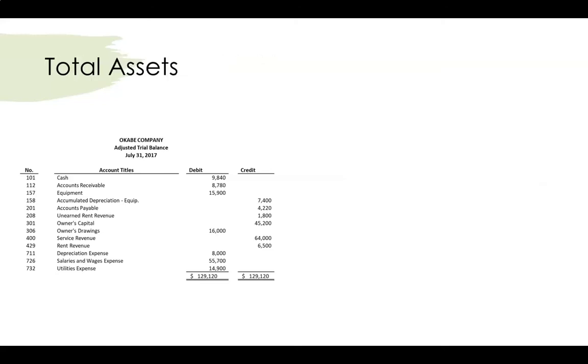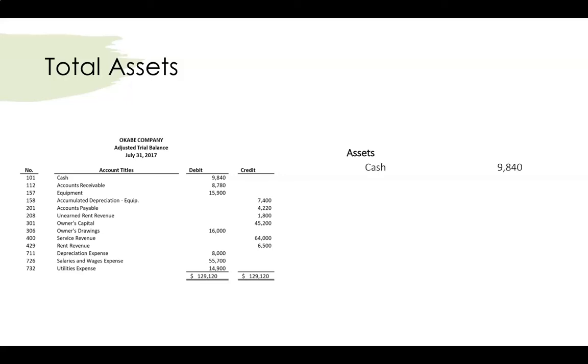Now the next part wanted us to find our total assets. So when we look at the adjusted trial balance, we're given cash, accounts receivable, equipment, and accumulated depreciation on that equipment. Right? That accumulated depreciation, that is a contra asset. So that gets included here in our total asset calculation.